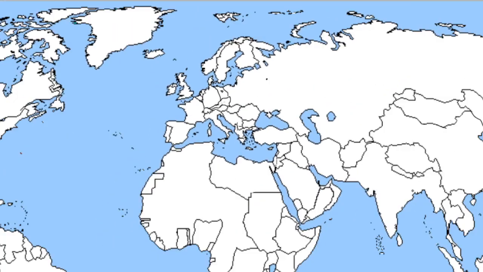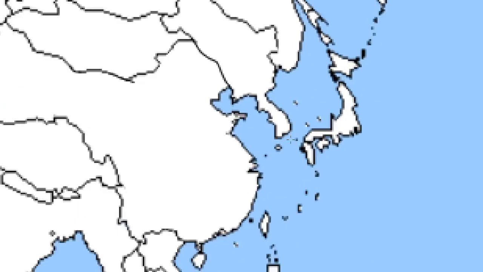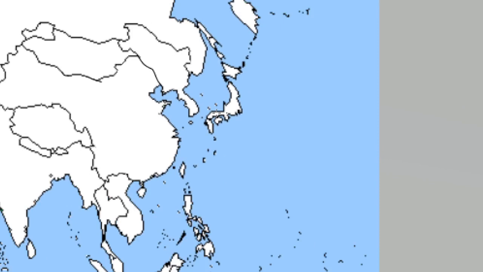Little Boy and Fat Man were dropped on Japan. In Hiroshima, Little Boy was dropped, wiped out. In Nagasaki, Fat Man was dropped, wiped out. Japan surrendered. 3 down, none to go.